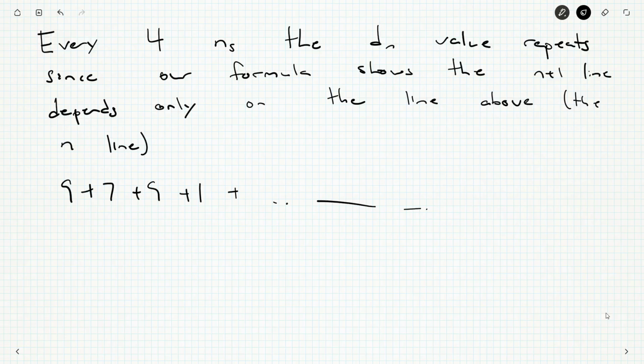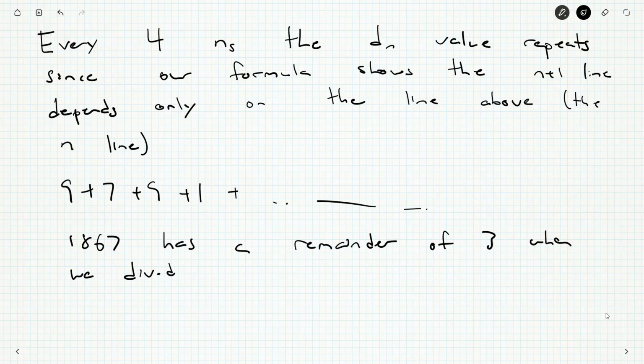Now the question is, we're doing 1,867 of these. So 1867 has a remainder of 3 when we divide by 4.